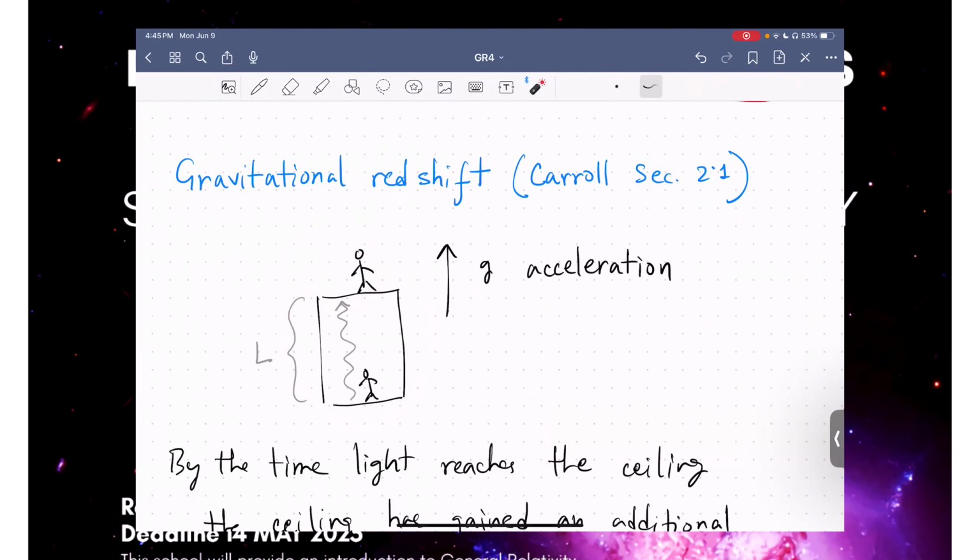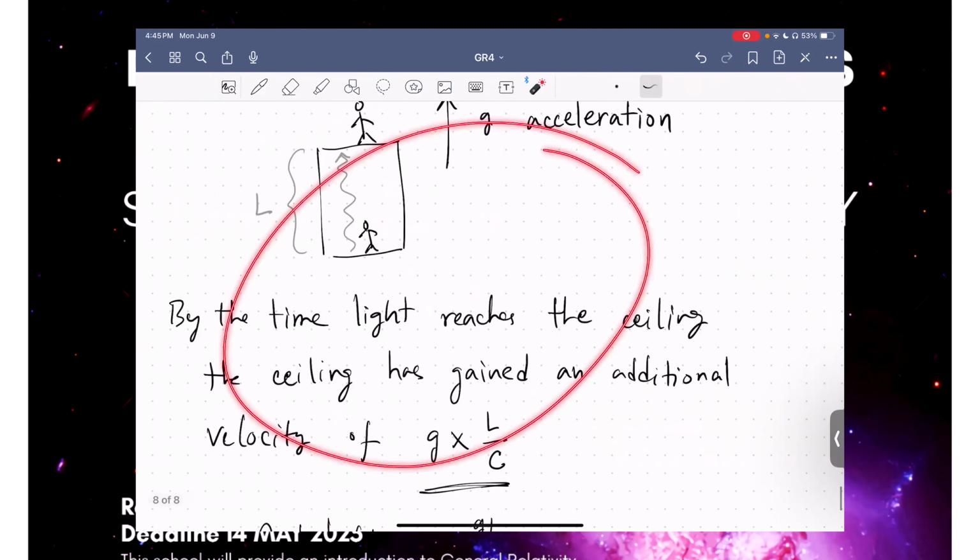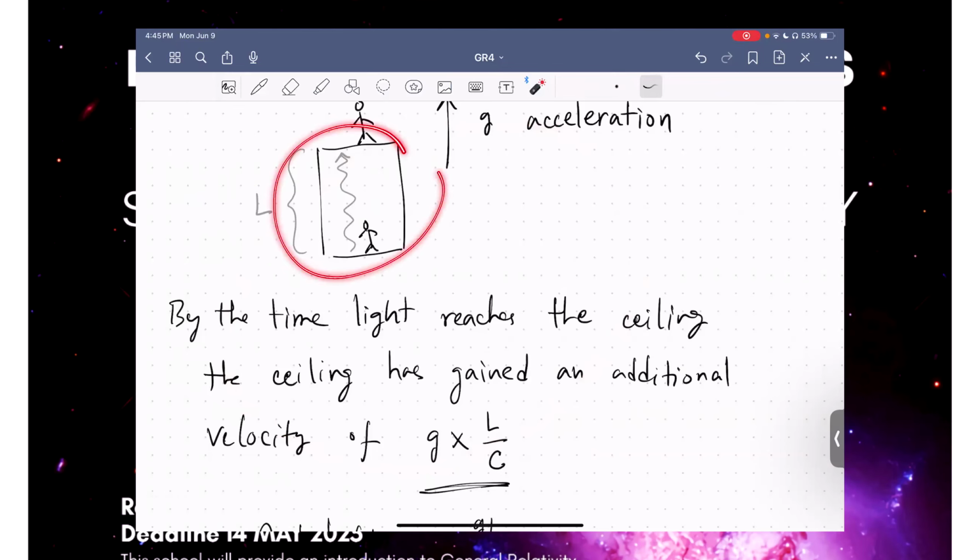So we have said gravitational redshift, but we have said nothing about gravity. We have simply said that you have an elevator that's accelerating at some fixed acceleration. So what does this have to do with gravity? At this point, you have to remember Einstein's equivalence principle. Recall that Einstein postulated that there is no distinction between an accelerating frame and a frame in a gravitational field.